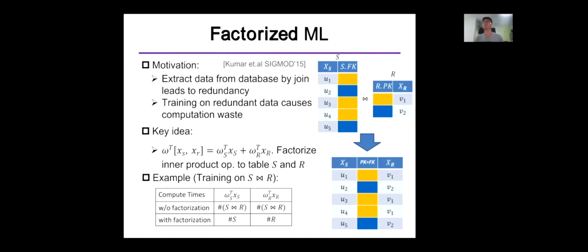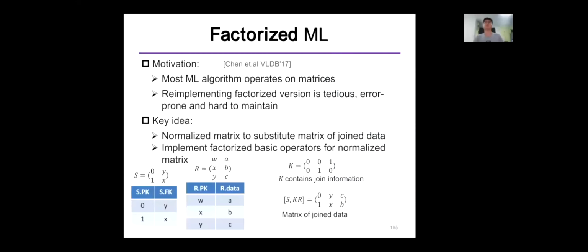For example, if we want to join the tables S and R and run a simple machine learning algorithm like W transpose multiplied by X, we can see that if we push down the W multiply S to each single table, we can save many computation operations.